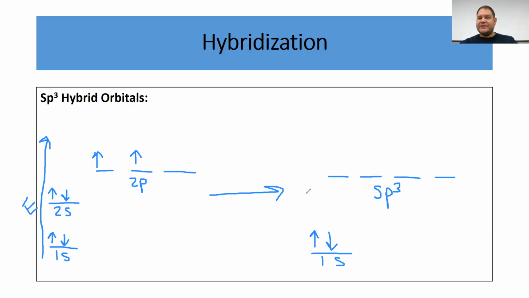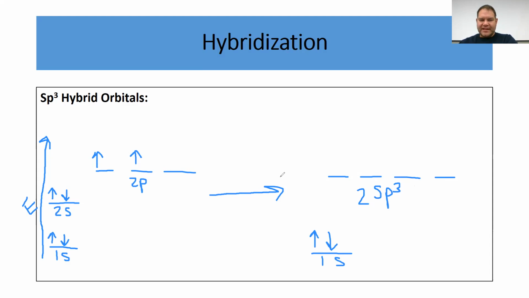They are higher in energy than the 2s, but nevertheless, they are lower in energy than the 2p. And every one of these sp3 hybrid orbitals is equal in energy, which is why they're on the same level. This is the second energy level, so we're going to call these the 2 sp3 hybrid orbitals.